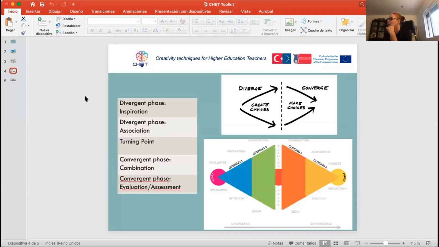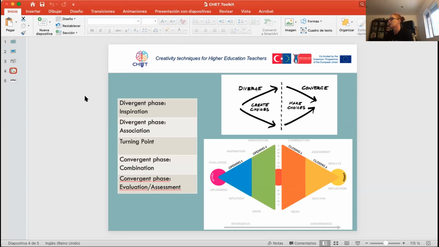And then, of course, and I've left this for the last, this is very much related to what Max, Patricia, and Marianne already explained about the divergent and convergent phase of the different activities. We also indicate for the particular technique to which phase it's related.